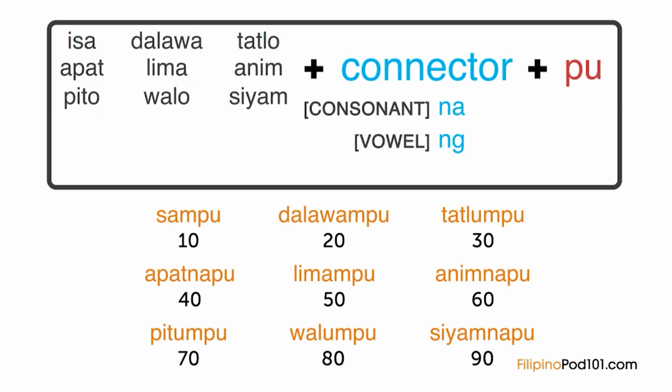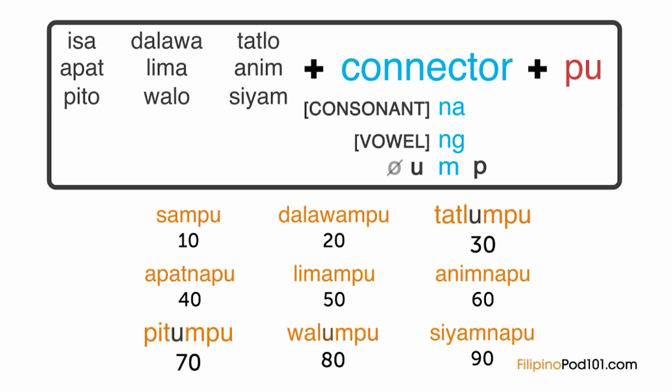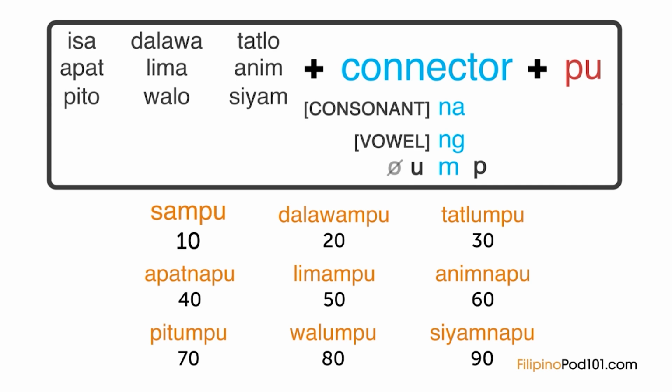I also mentioned that if a P follows the NG connector, then it becomes an M. Now here's one more thing. If the vowel before M is an O, then that also changes and becomes a U. Just like in tatlumpu, pitumpu, and so on. Finally, one last thing to note is that for the number 10, we say sampu and not isampu.